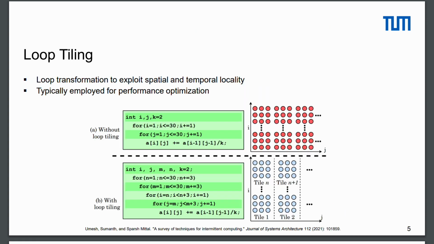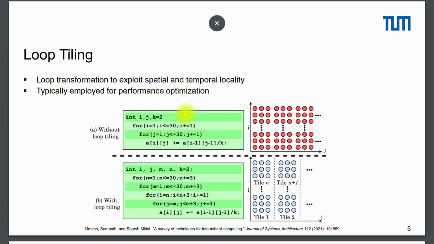So first of all, what is tiling in general? You've probably heard about loop tiling. This is a transformation pass where you change the order in which the loops are executed in order to exploit spatial or temporal locality of the data you're working with.